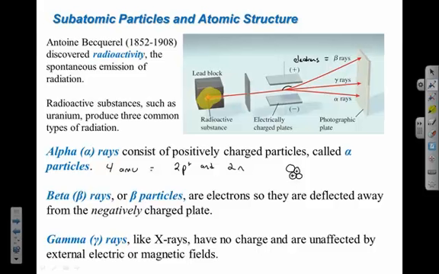Is that what you're asking? That's what it's showing. They could go in separate directions. Yeah, because the alpha particles have protons and they're positive overall. The positive charge, as they come out, gets attracted to the negative plate, and that pulls their angle down. And since the gamma rays are just a form of light, they're not particles and they don't have any charge, they just go straight through.